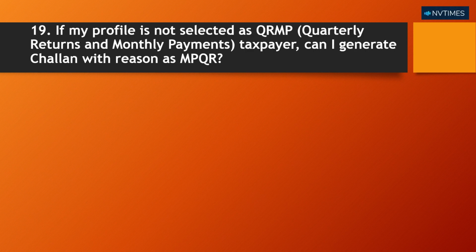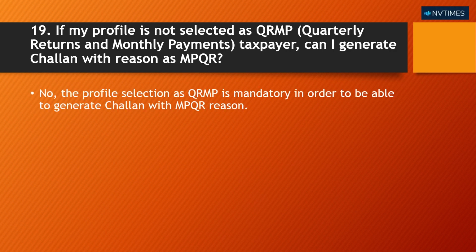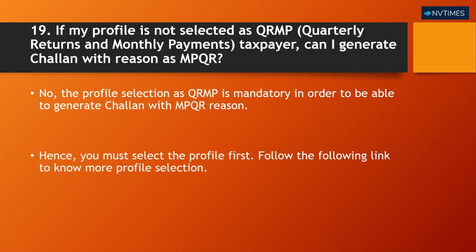If my profile is not selected as QRMP, quarterly returns and monthly payments taxpayer, can I generate a challan with reason as MPQR? No. The profile selection as QRMP is mandatory in order to generate a challan with MPQR reason. Hence, you must select the profile first.